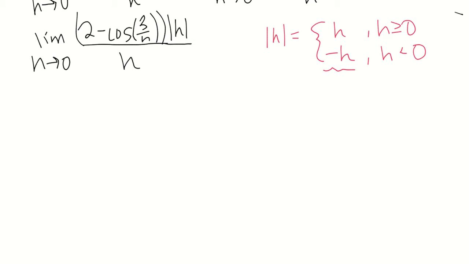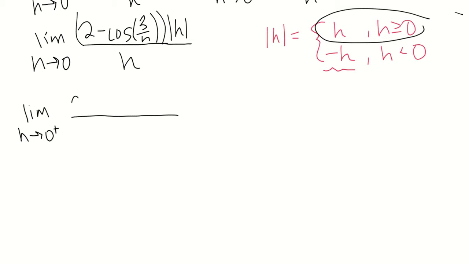Okay, so the limit as h goes to 0 from the positive, from the right. Well, if we're looking at the positive values, we can replace the absolute value of h with just h. So that would be 2 minus cosine of 3 over h times h over h.